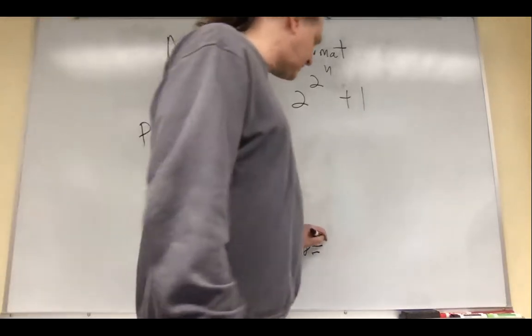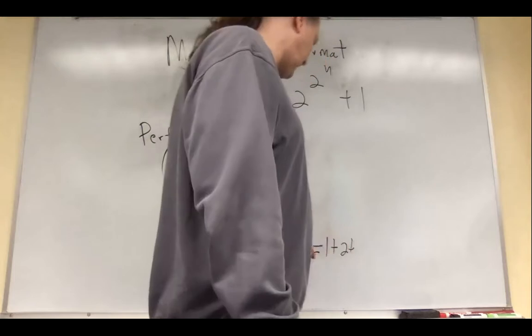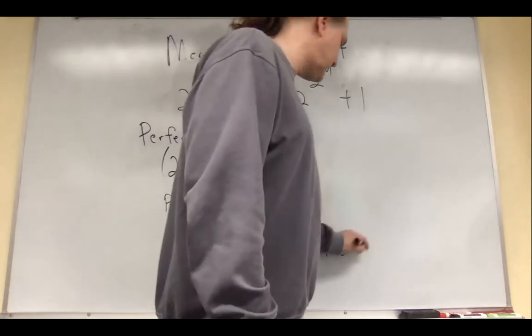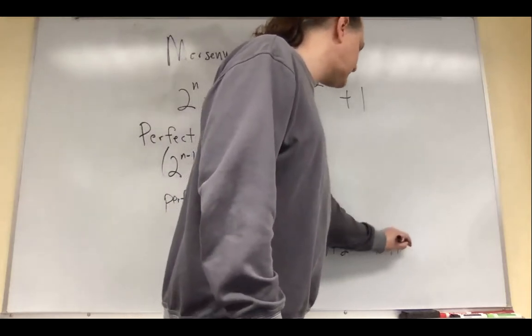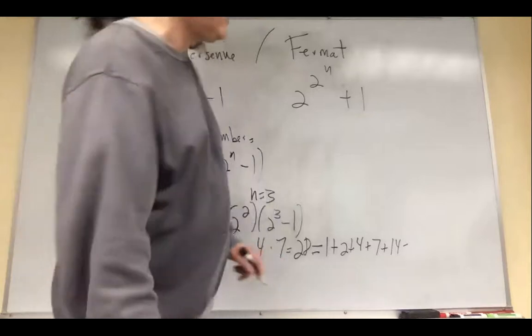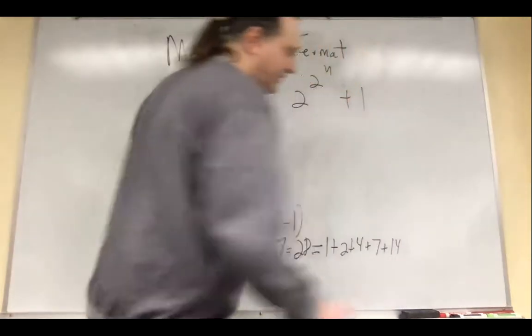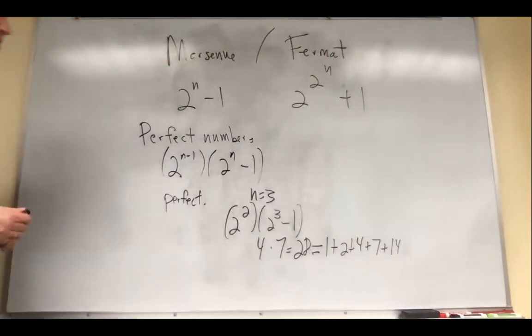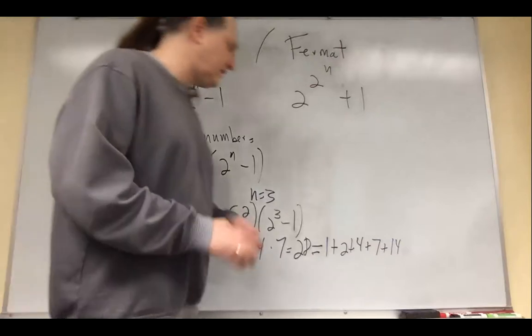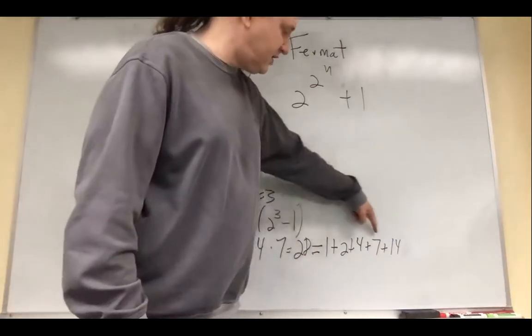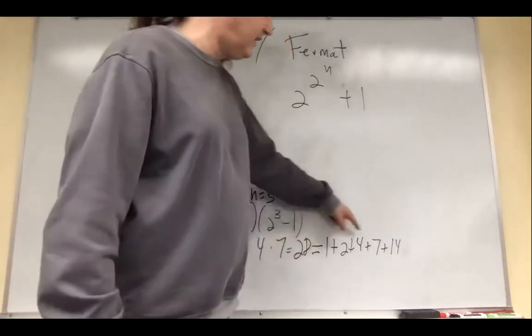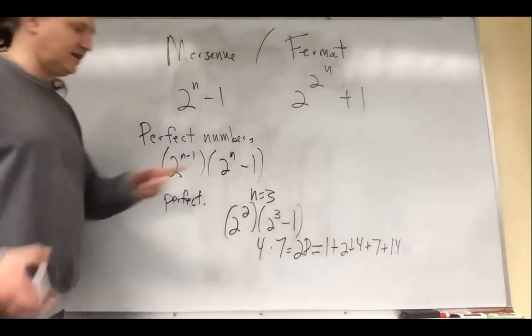This is an idea that goes back to Euclid. The factors of 28 are 1, 2, 4, 7, 14. Oh, not all of its factors. All of its factors except itself. Otherwise, that would be impossible. And do notice that 1 and 2 and 7 is 10, and 4 and 14 is 18, and we do have 28.